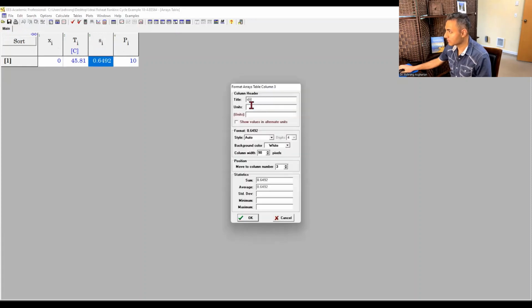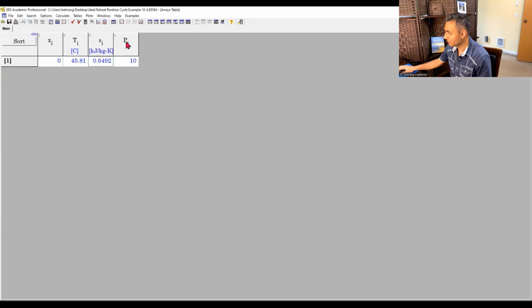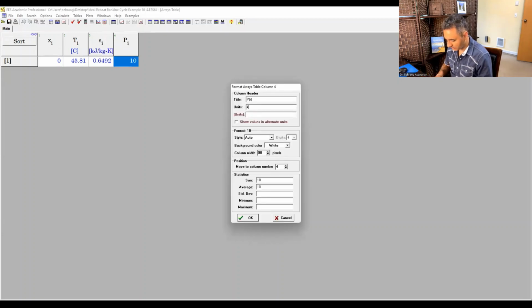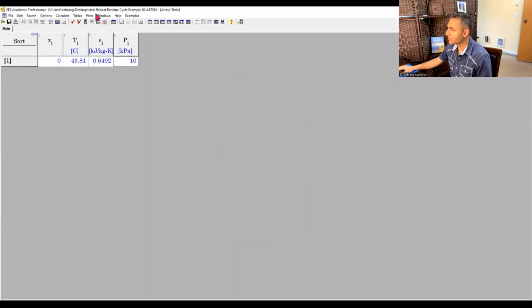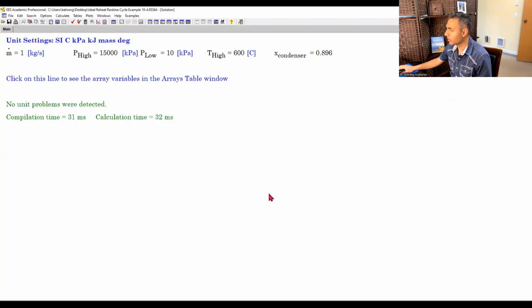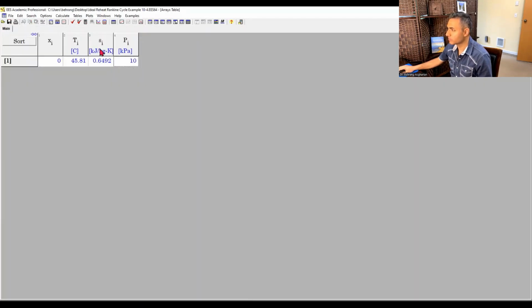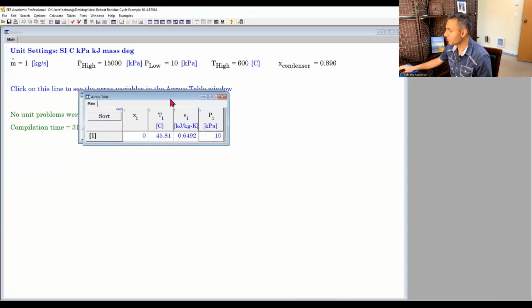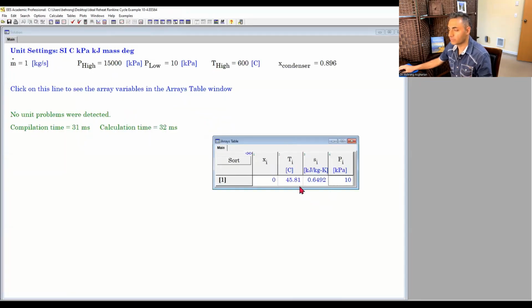And this is kilojoules per kilogram Kelvin. If it gives me an error, I can do Celsius and basically fool it, but this is kPa. So now let's run one more time, to make sure that there are no unit problems. No, there are no unit problems. Kilojoules per kilogram Kelvin. I can make this look like this so we can see everything. Now let's go back to the code and keep going.